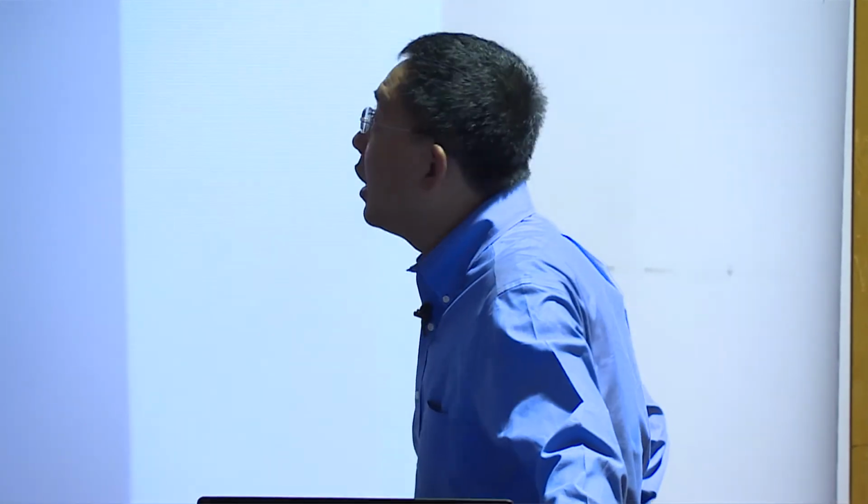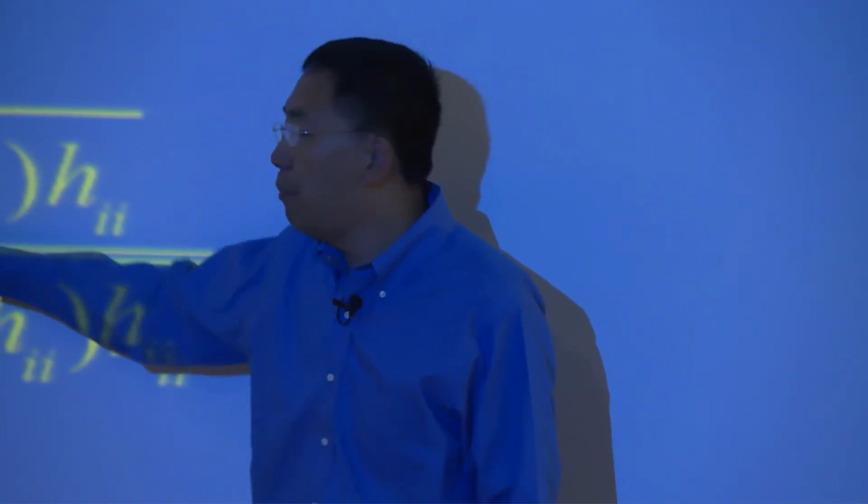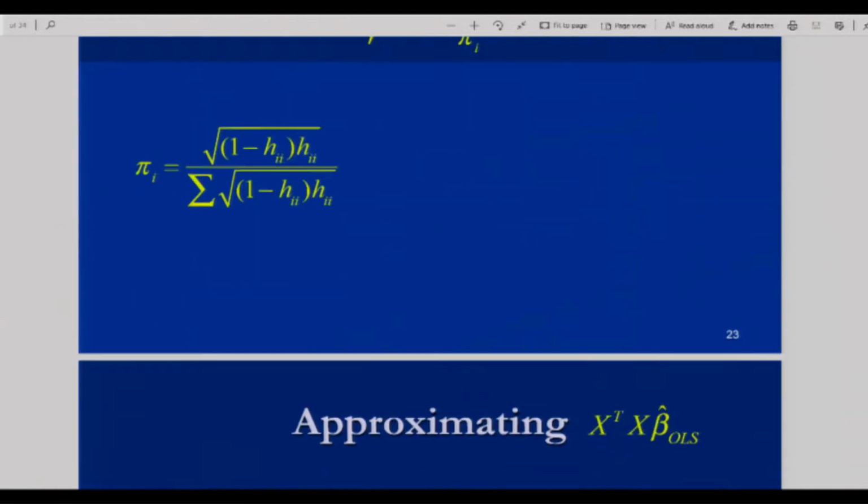The next thing is, if we are interested in approximating the full sample least squares line, then we get another interesting expression: the square root of 1 minus HI times HI. This is 1 minus the leverage score times the leverage score. This is the basic beauty of this mathematical analysis. Sometimes it gives you a little bit of a surprising result.